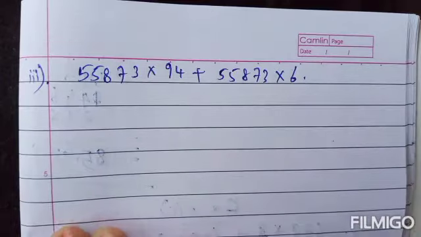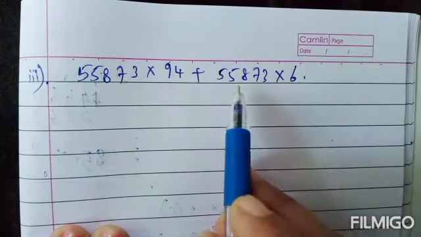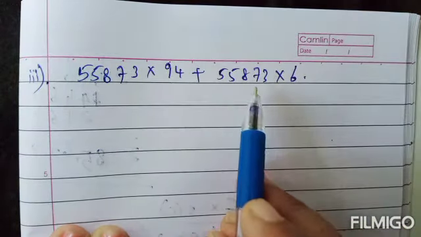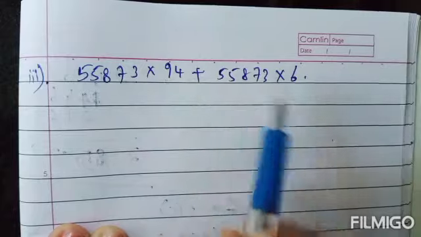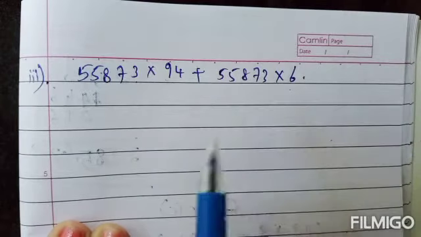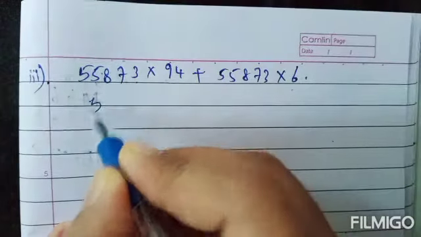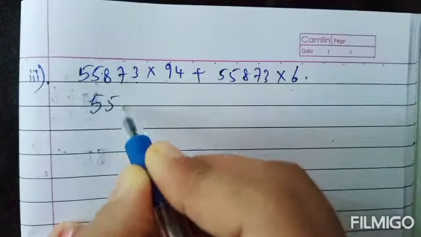In the third one, 55,873 into 94 plus 55,873 into 6. Here 55,873 is multiplied by 94 and 6, so you can use the distributive property. In the bracket we can write 94 plus 6.